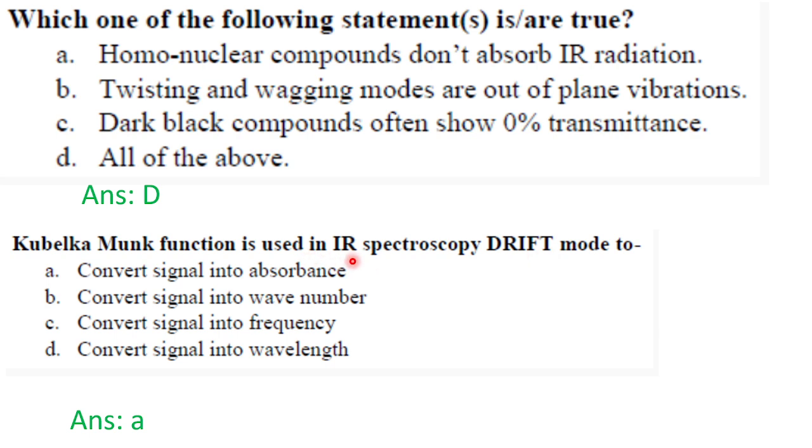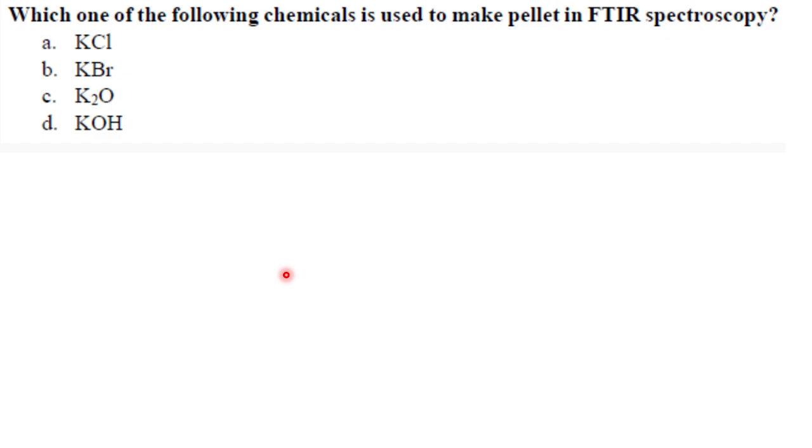After taking the data, this function is already included in the software, so it changes the signal into absorbance data. Then you will get the absorbance spectrum from the FTIR analysis.